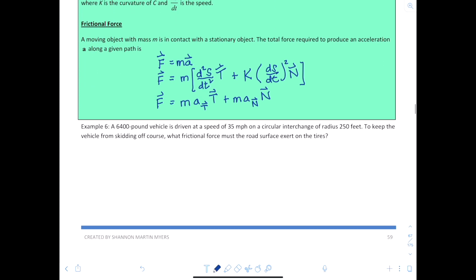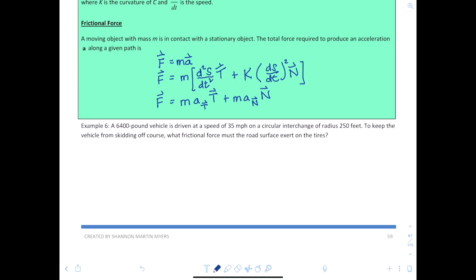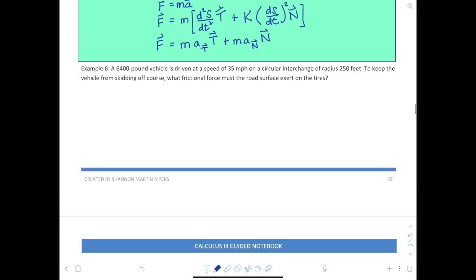This is very relevant. So a 6,400-pound vehicle is driven at a speed of 35 miles per hour on a circular interchange of radius 250 feet. To keep the vehicle from skidding off course, what frictional force must the road surface exert on the tires? All right? So, well, the mass is 6,400 pounds, right?